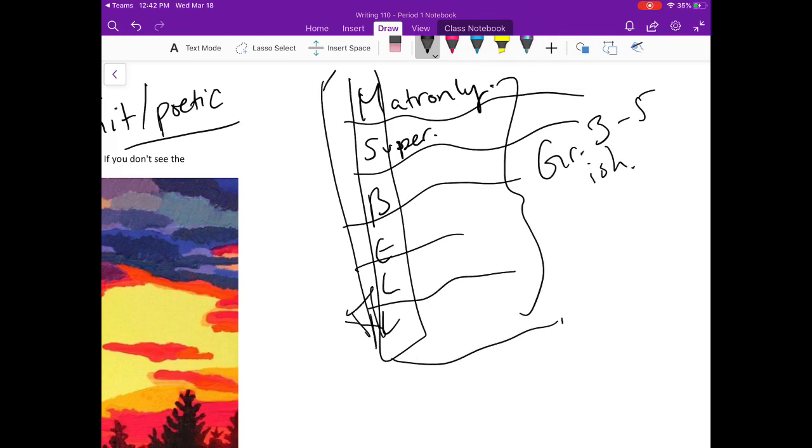So have fun with it. If you're writing something closer to something that would be in grade 3 to 5, that's fine to start with, right? We can build on those, and honestly, they're fun, and if you're having fun with this unit and doing something you enjoy, then go for it.